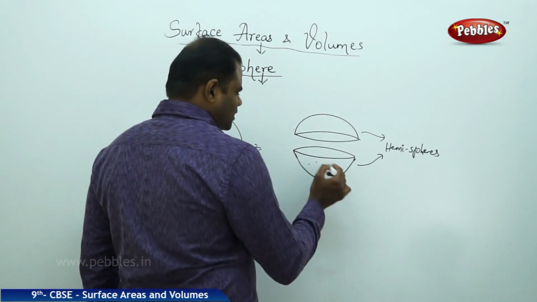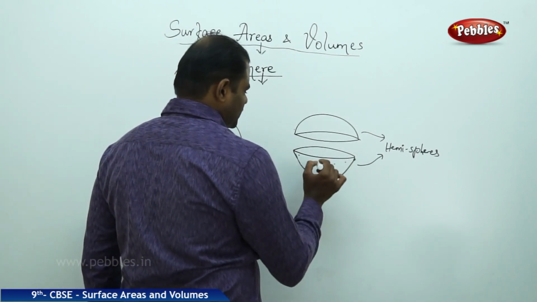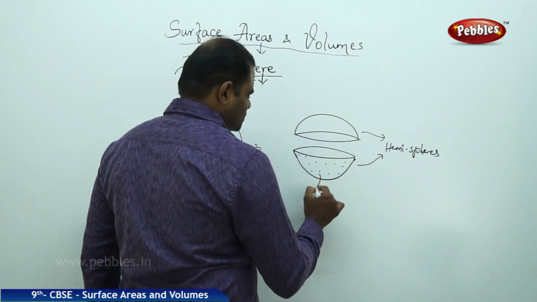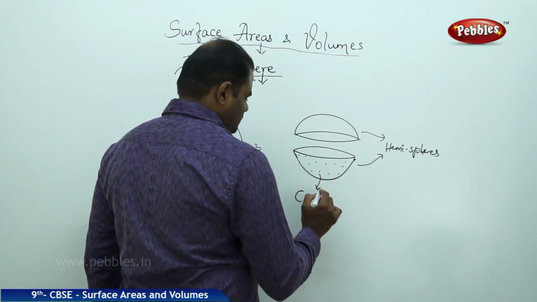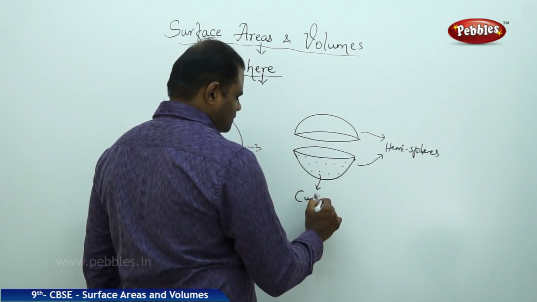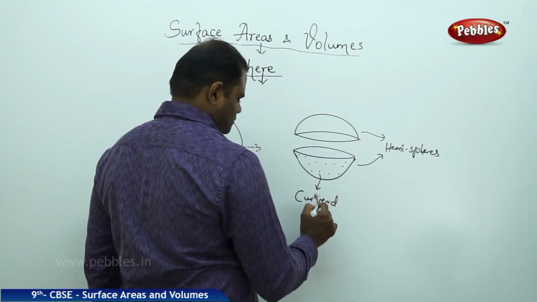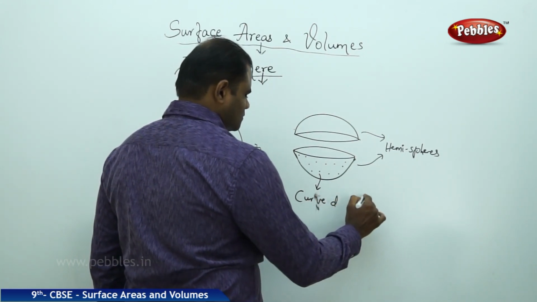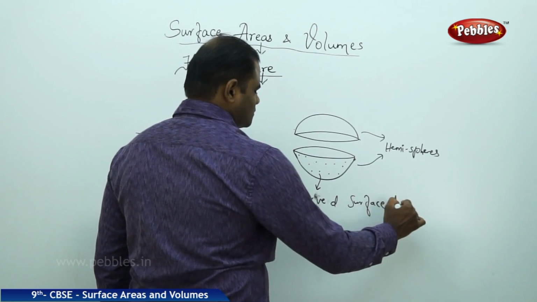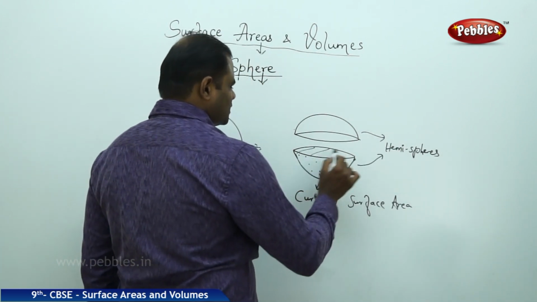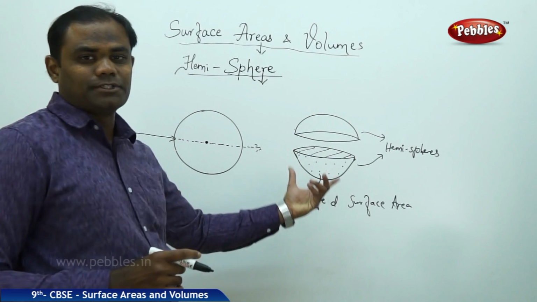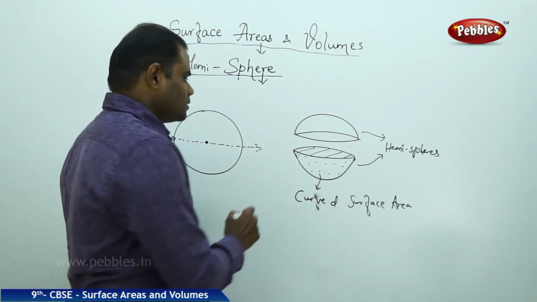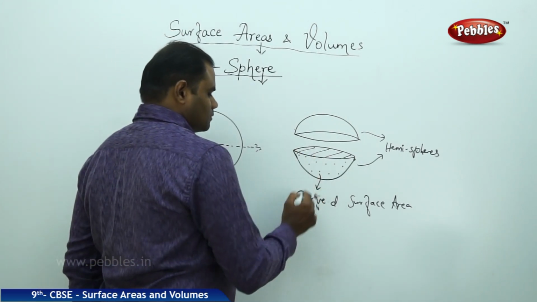Now this is the curved region which defines the curved surface area, and if this circle is added to this dotted region, then that becomes the total surface area.